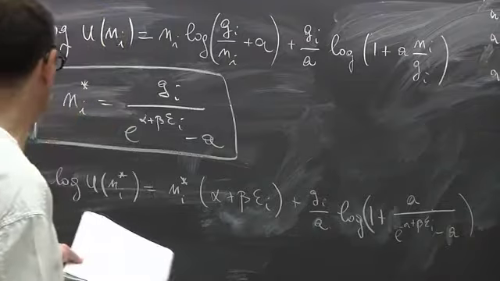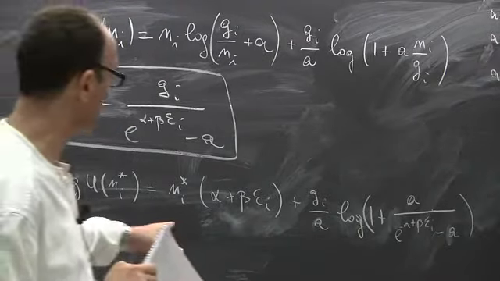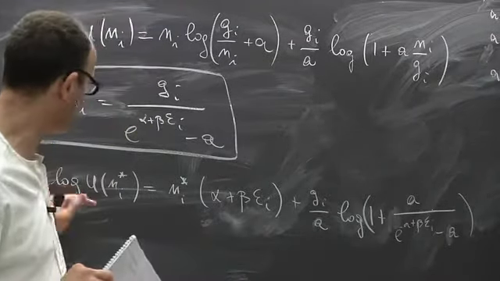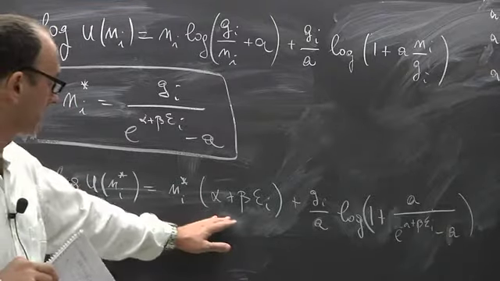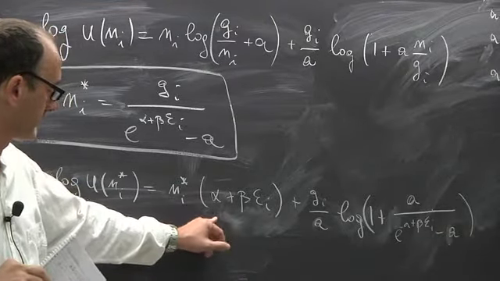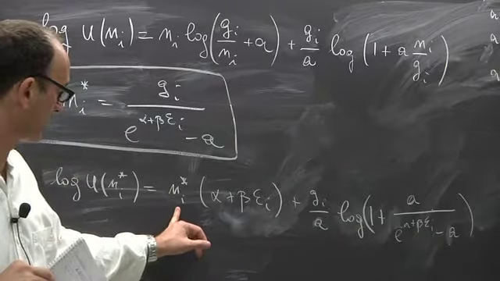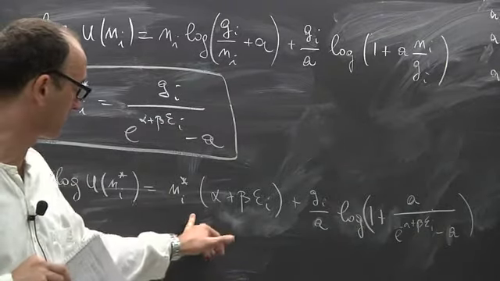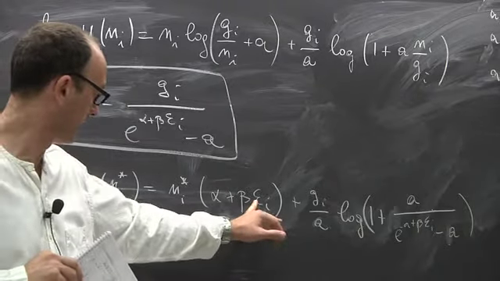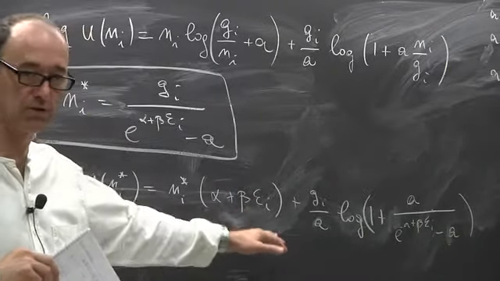So you see, now if you take the sum over I, the first term, the sum over I of ni star, gives you alpha times the total number of particles. This gives you beta times the total energy.